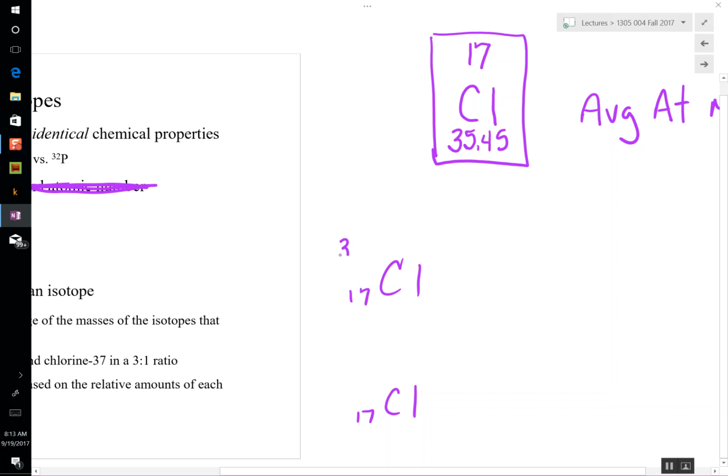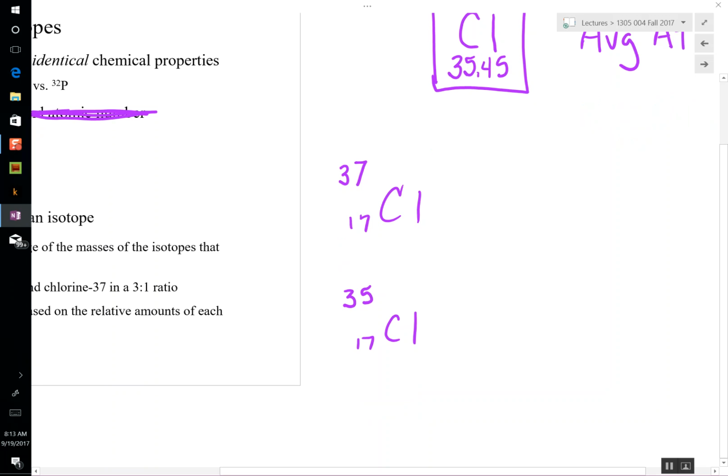But there are chlorine 37 and chlorine 35 isotopes occurring naturally in our universe, 2 different kinds of chlorine, particularly here on the Earth. These ratios might be a little bit different somewhere else, in the middle of the sun or whatever.